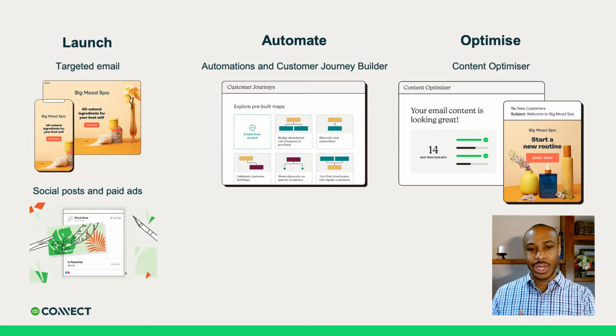And then when you're ready to get a little bit more advanced, we have our customer journey builder, which allows you to take automations to the next level by creating multi-step journeys for your customers that include a trigger that kicks off the journey, but then allows you to use things like if-then statements to set criteria for a specific outcome that you're trying to drive.